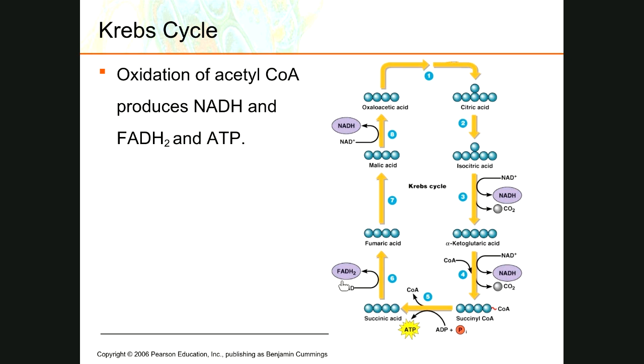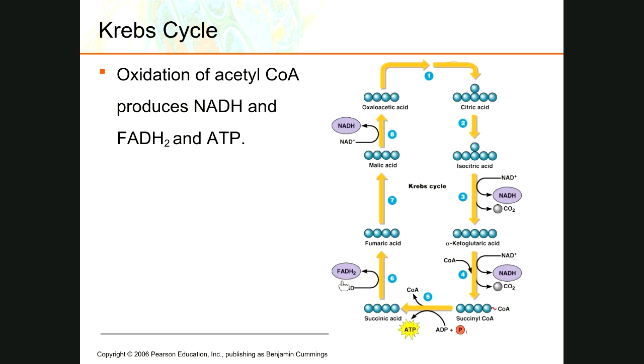So the cell ripped apart that glucose molecule carbon by carbon, a lot of biochemical reactions, only 4 molecules of ATP, but 12 molecules of NADH and FADH2. So 12 electron carriers. And all those electrons are going to be taken to the electron transport chain to make ATP.